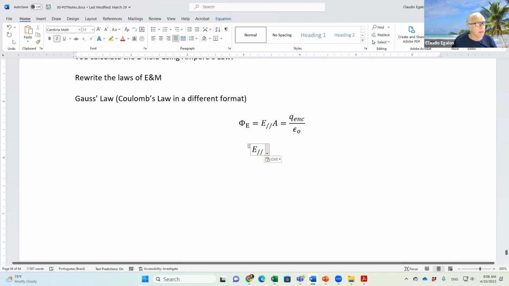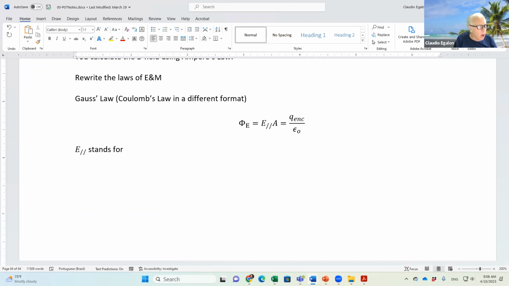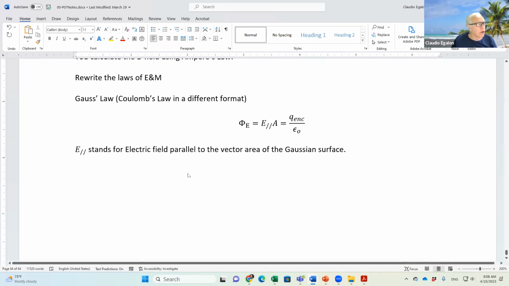You know, E stands for electric field parallel to the vector area of the Gaussian surface. Okay. The other law that you should know, we didn't solve any problems with the second law, but it's important for you. Gauss law for electricity.